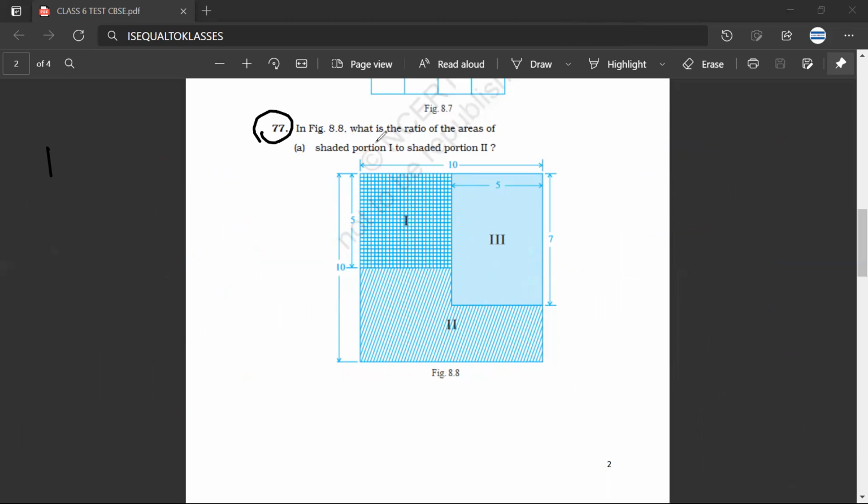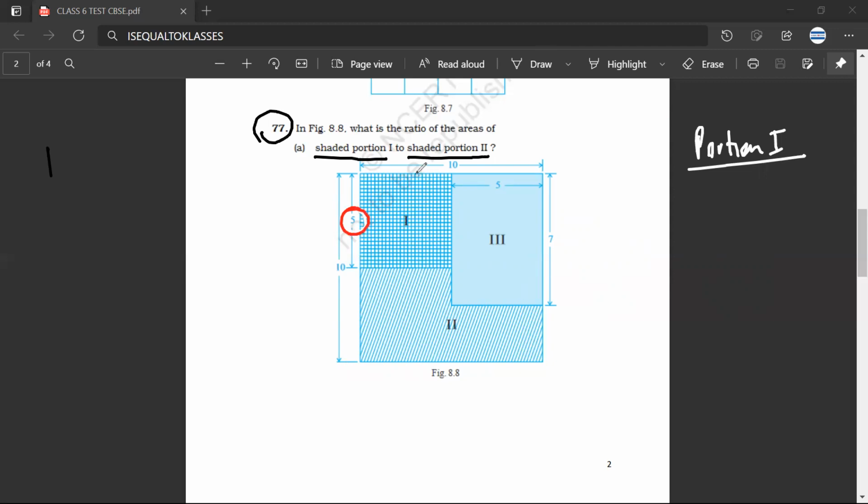Okay, Mr. Sarthak. Figure 8.8. What is the ratio of the areas of the shaded portion 1 to shaded portion 2? Mr. Sarthak, shaded portion 1's area will be 5 into 5, so 25 centimeter square. And then shaded portion 2's area will be 10 into 5, 50.